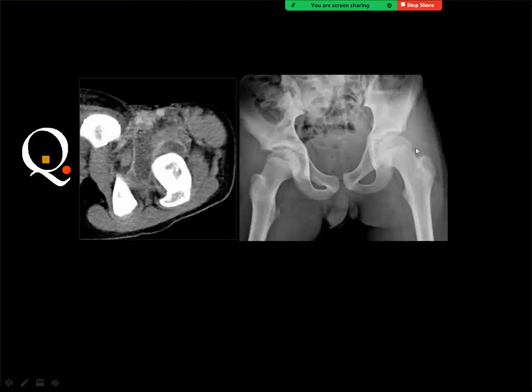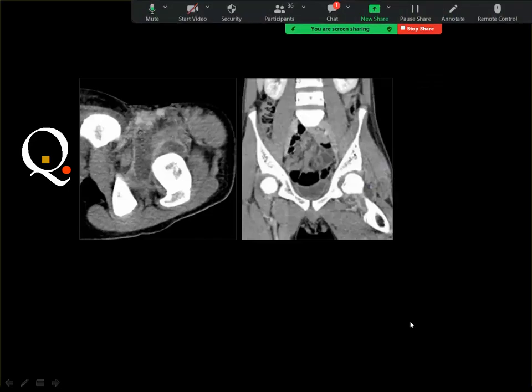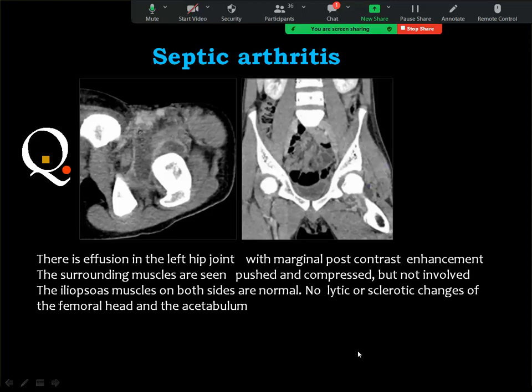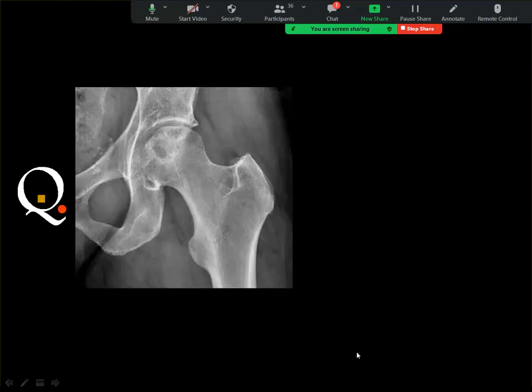And here you can see haziness around the hip due to soft tissue edema and soft tissue infection as well. But if you have the chance to see the femoral head and the acetabulum, you may see some erosive changes in this particular area, which can support the diagnosis of septic arthritis of the left hip joint.